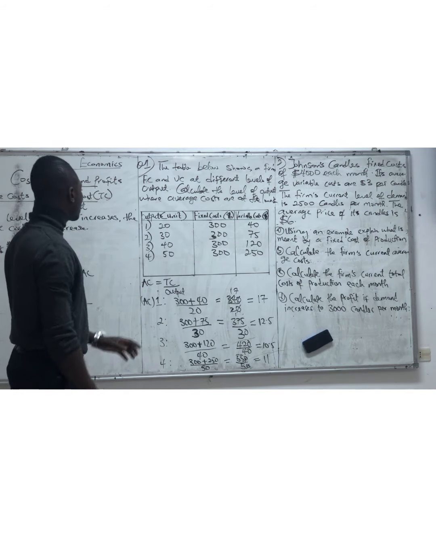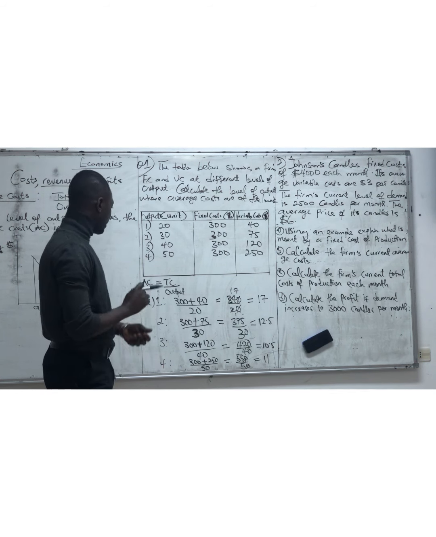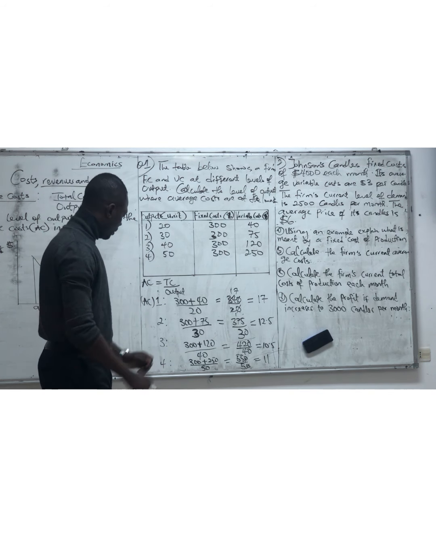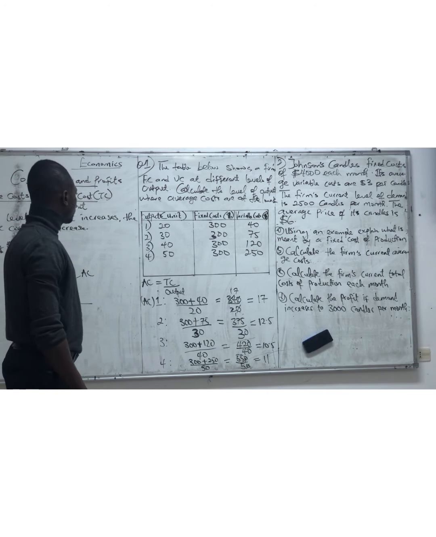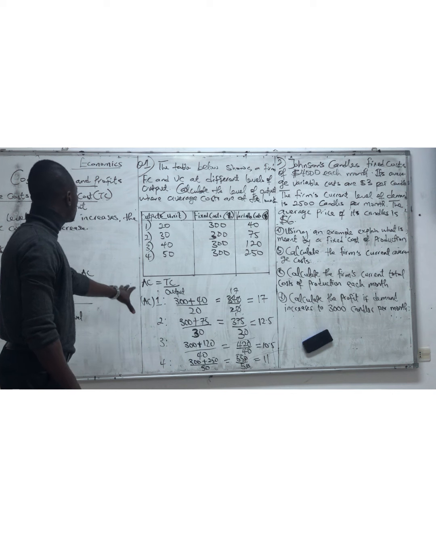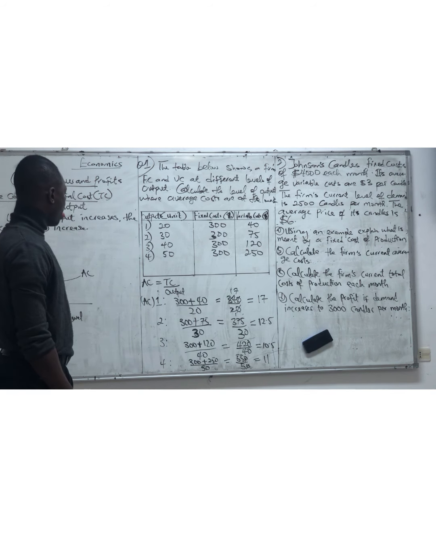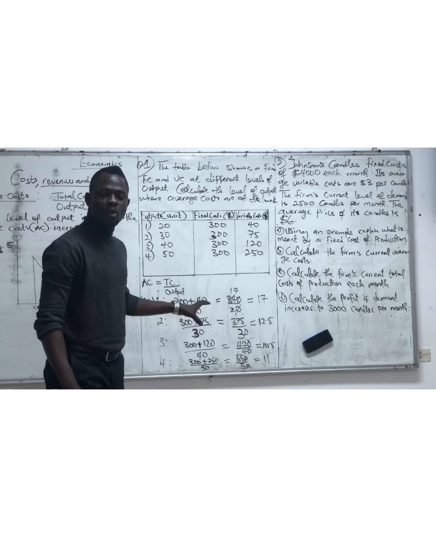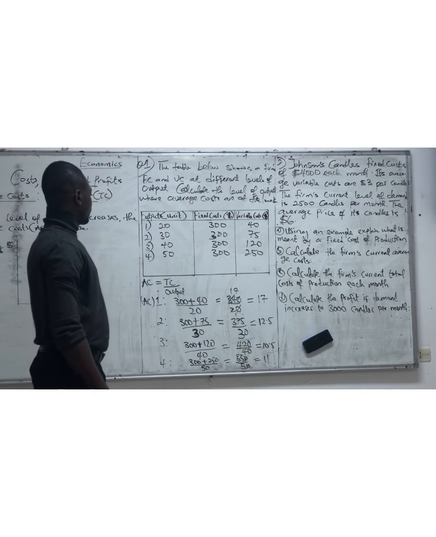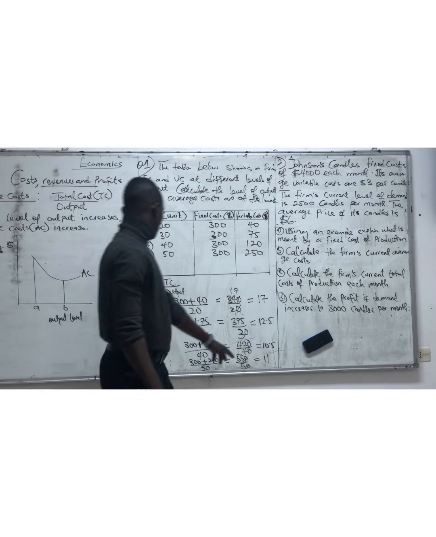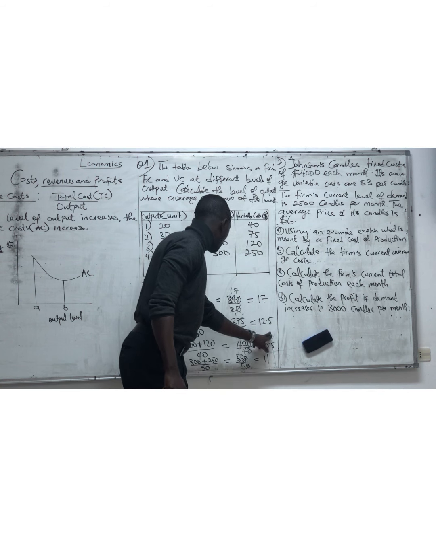Great. So at which level of output do we have the lowest average cost? The 11, 10.5, 12.5, 17.